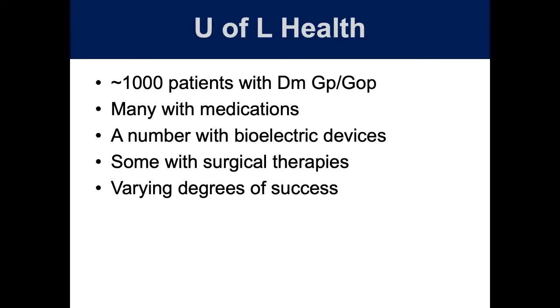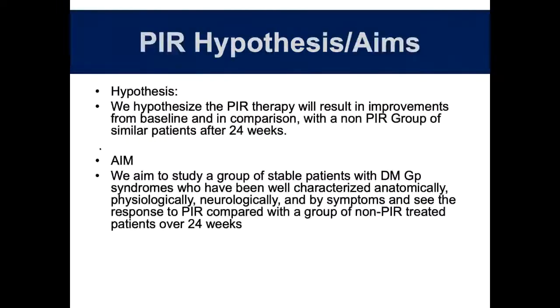We have about 1,000 patients here with diabetic gastroparesis or gastropathies that we call diabetic syndromes. Many have medications, many have bioelectric therapies. Some with surgical therapies, varying degrees of success. And we've hypothesized that this PIR therapy may result in improvements from baseline and in comparison with a non-PIR group of similar patients after 24 weeks.